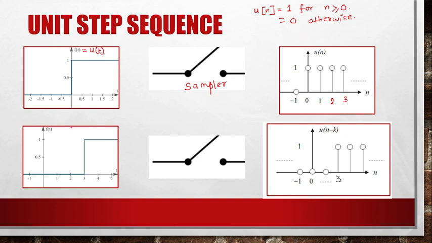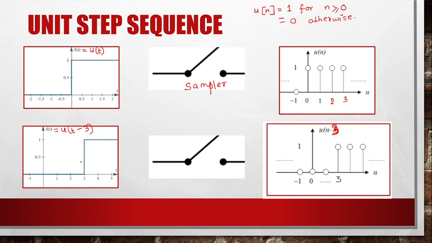Next is the delayed step function. The function will be u(t-3). So this is the signal u(t-3). Now if this goes through the sampler, what will it look like? It will be like this.